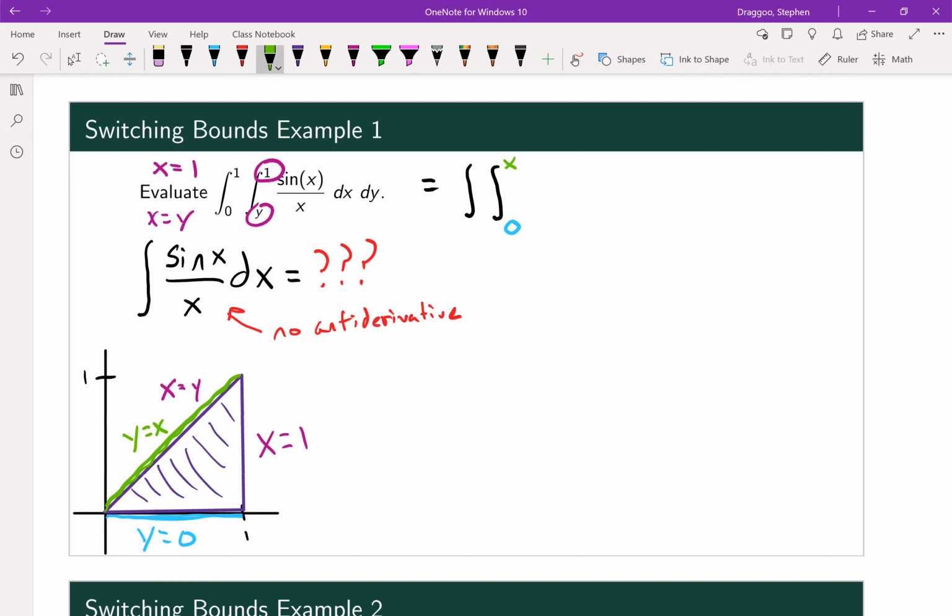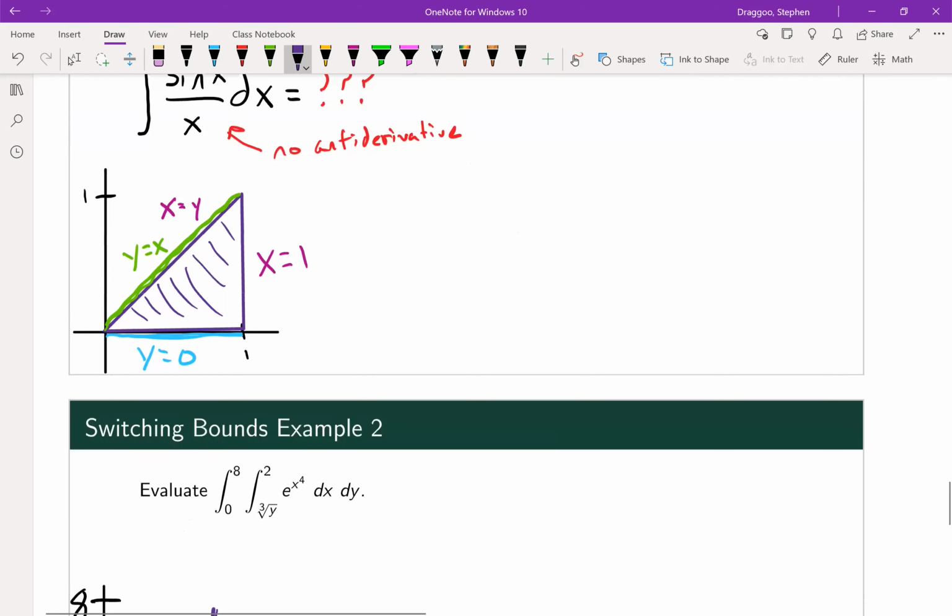I guess that's a bottom equation for y and a top equation for y, because the first one is now going to want to be a y integral. We don't change anything on the inside. That should still be sine x over x. We're doing dy first and dx second.